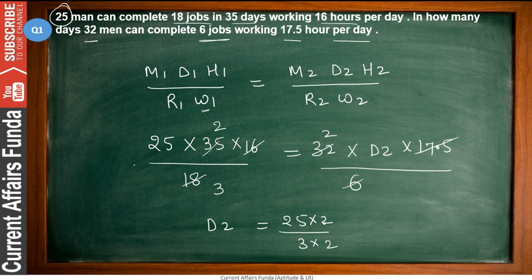If you solve it, the 2 and 2 cancel out, giving 25 by 3, or 8 whole 1 by 3. So this will be your D2.